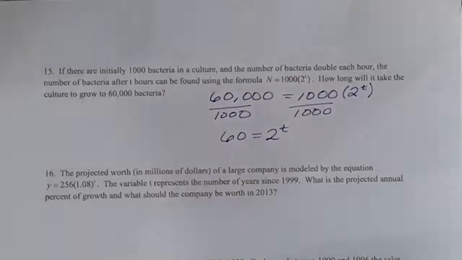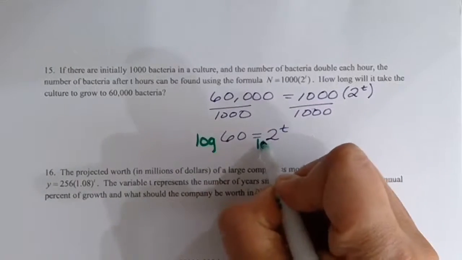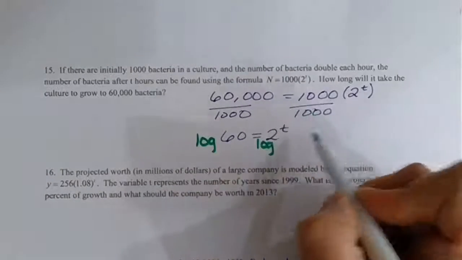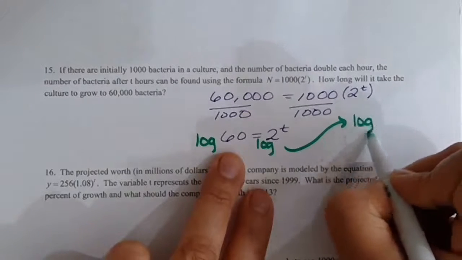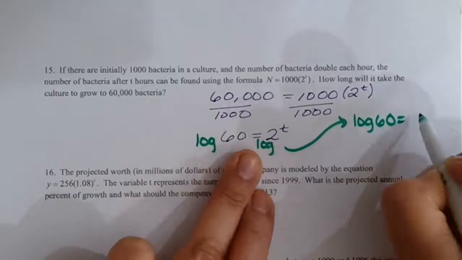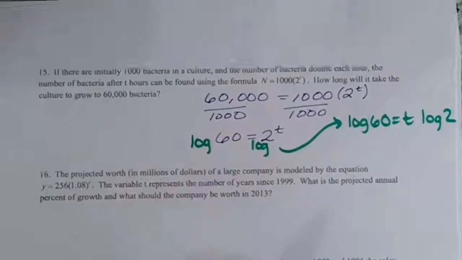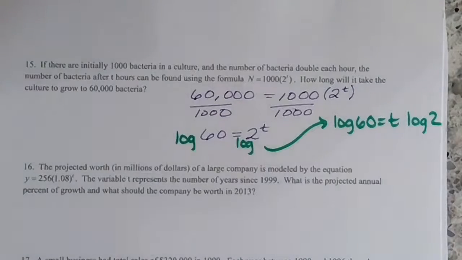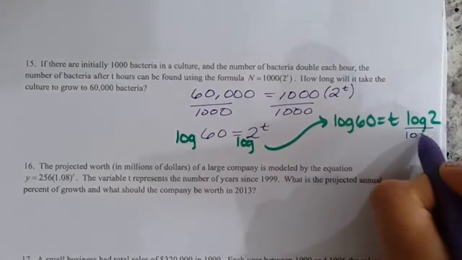You take the log of both sides. So what that allows you to do is to bring the exponent down to the front. So now you have log 60 equals T log 2. From here, you're solving it for T, so you're going to divide both sides by log 2.